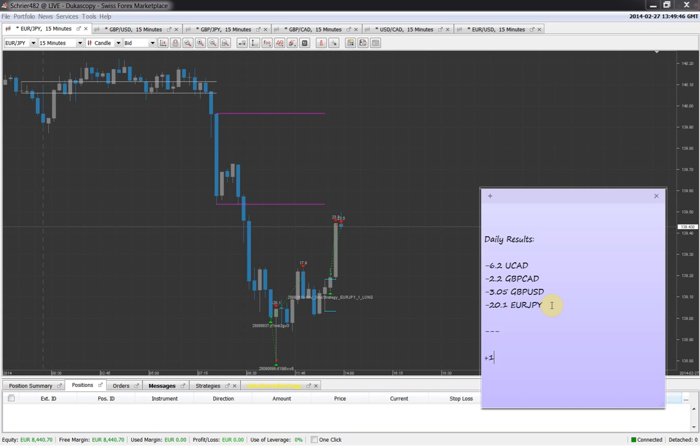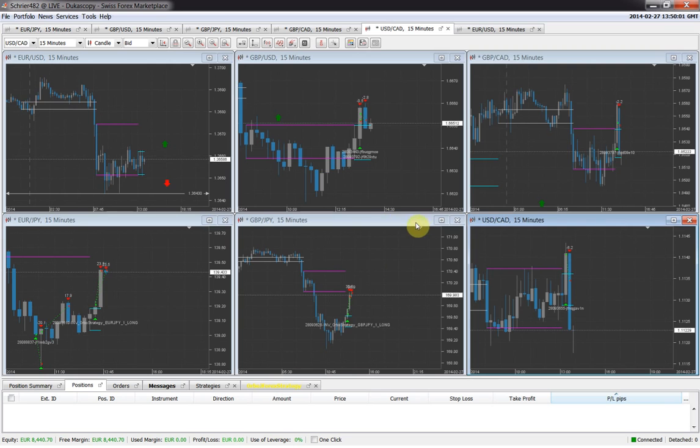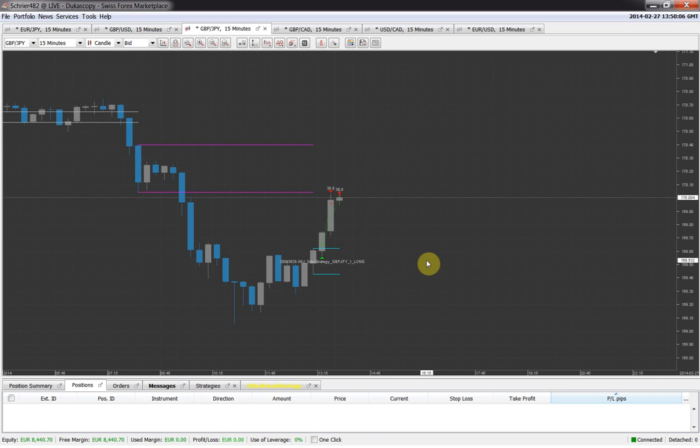We make 17.9, we make 23.3 plus 35, and on pound yen we make 30.